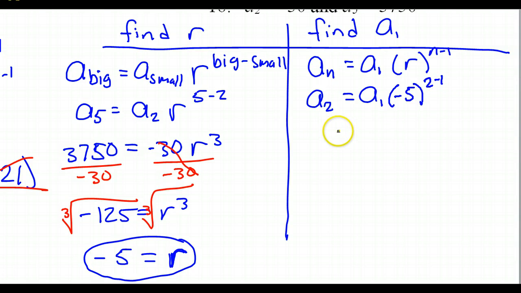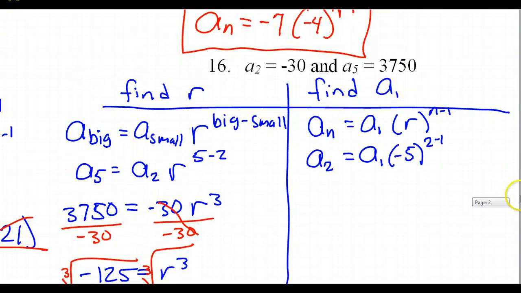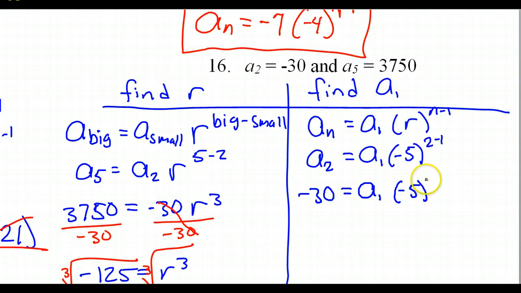So now I can go ahead and do the substitution. a2 is negative 30, so I'll put in negative 30 now, is equal to a1 times negative 5 to the 1 power. 2 minus 1 is 1. I don't really need the 1, so I'm just going to erase it. And I've got this.